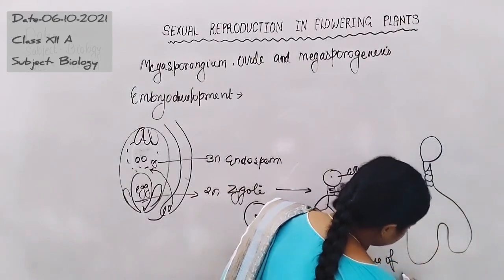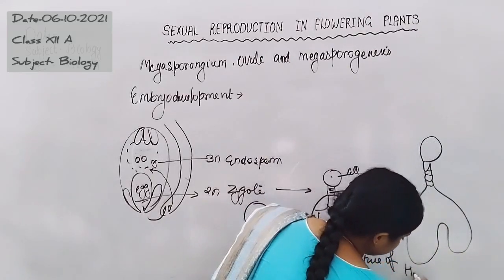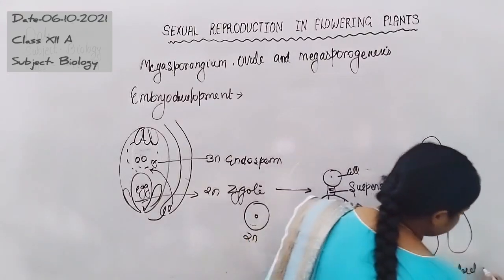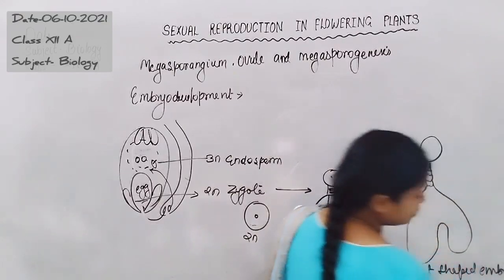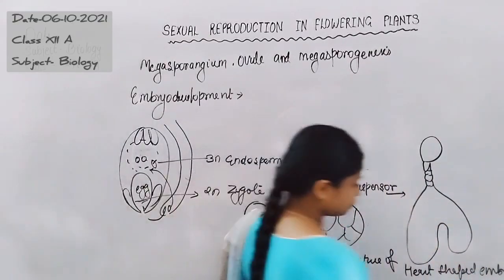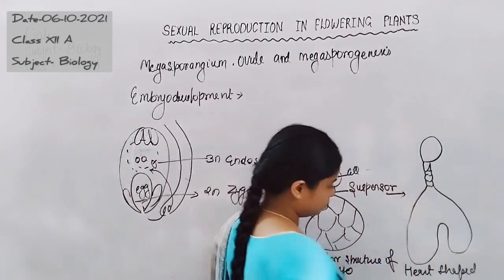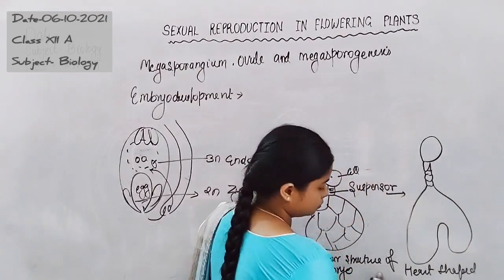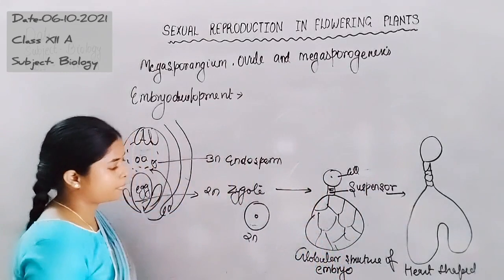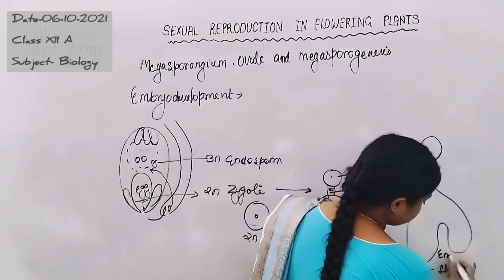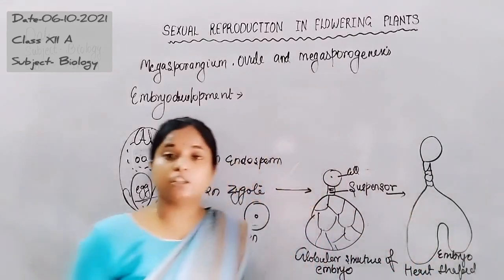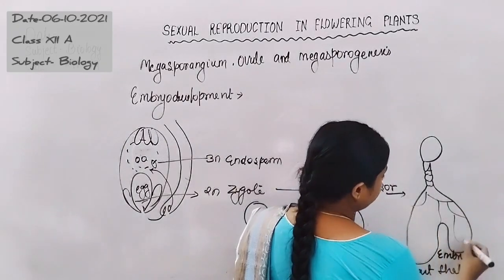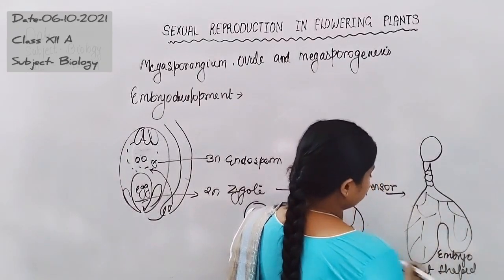Heart-shaped embryo formation occurs. Now the heart-shaped embryo develops into the fully matured embryo.